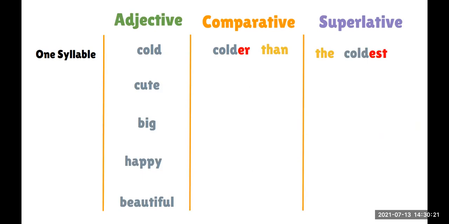In general, we use the comparatives to compare just two things, two people, two objects, two animals, maybe. Okay? To compare only two things. And the superlative, we compare one thing with the rest of the same group.